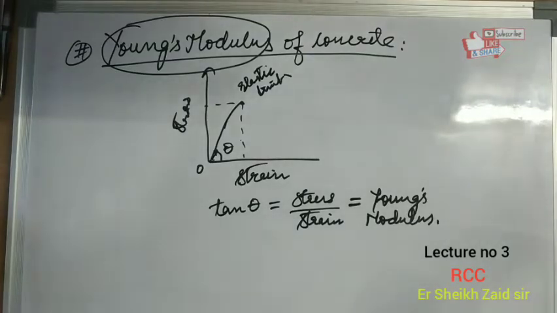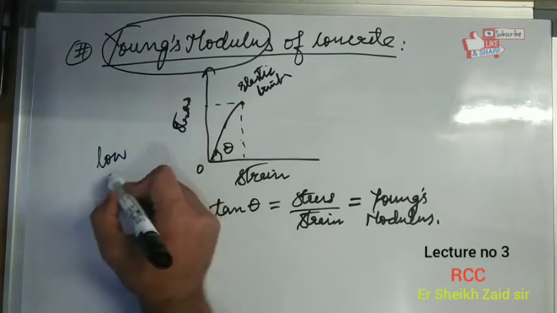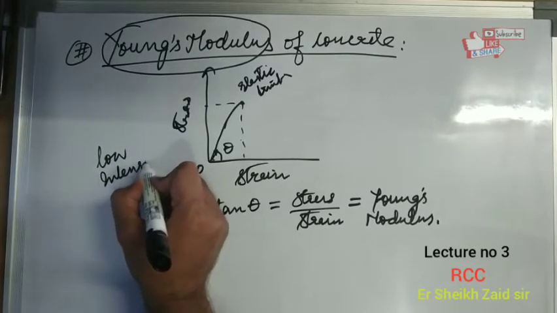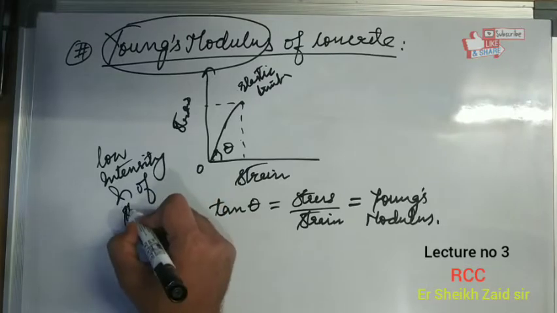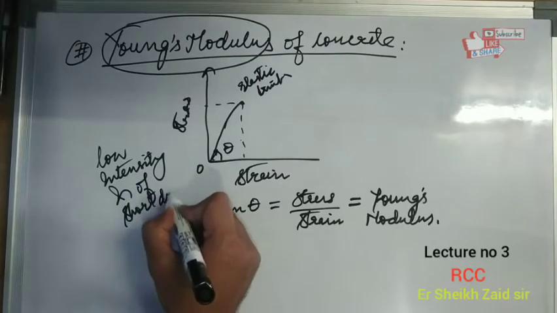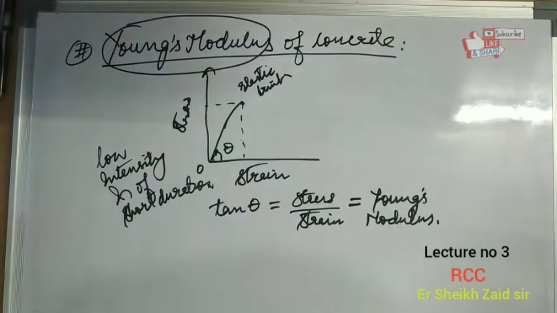That is, load is of low intensity and of short duration. So sustained loading introduces the effect of creep. Now what is creep we will discuss in this video further.